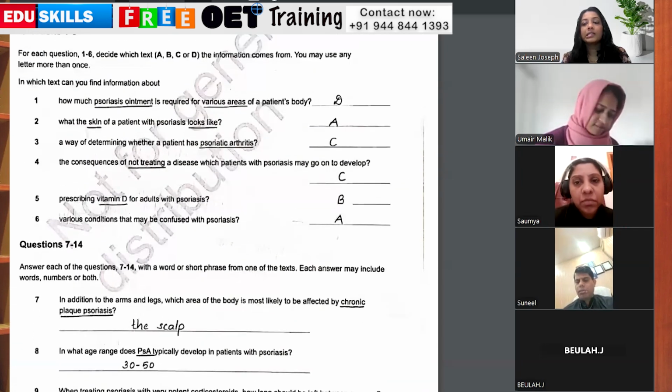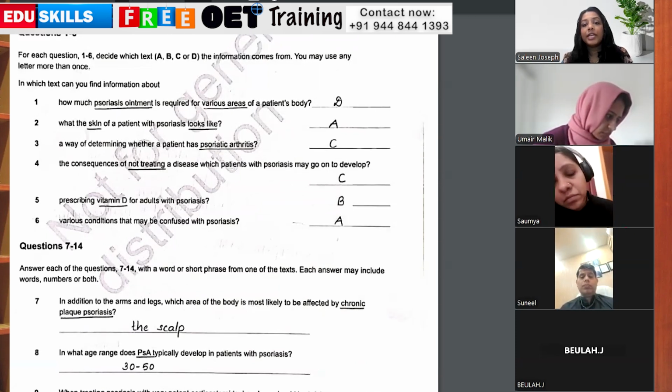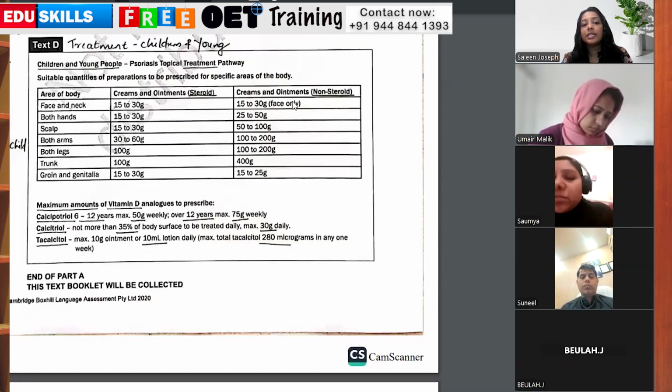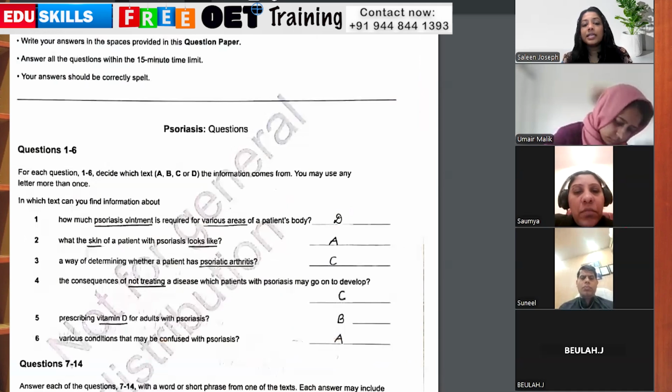Now we can discuss all the questions once again, with a detailed explanation. The first question is how much psoriasis ointment is required for various areas of the patient's body. They have mentioned the various areas and the percentage of the cream in text D, so the answer is D. Now the second question: what the skin of a patient with psoriasis looks like.